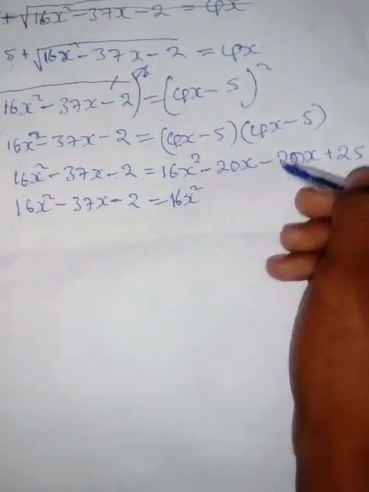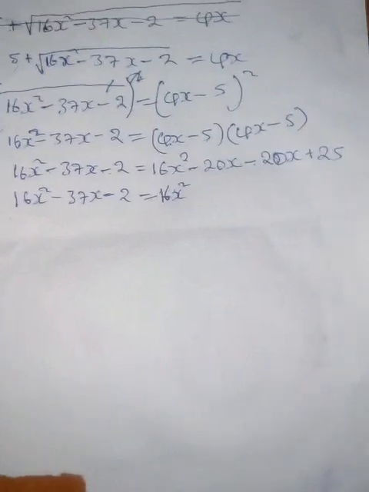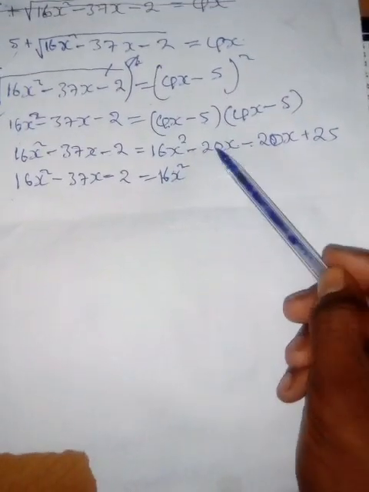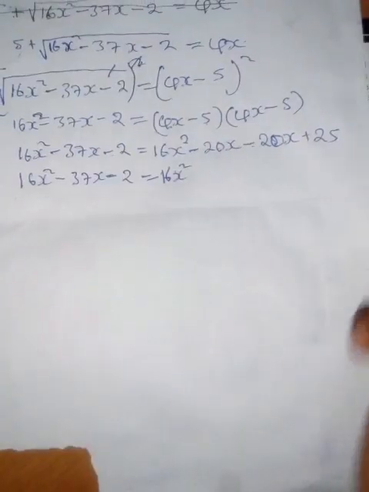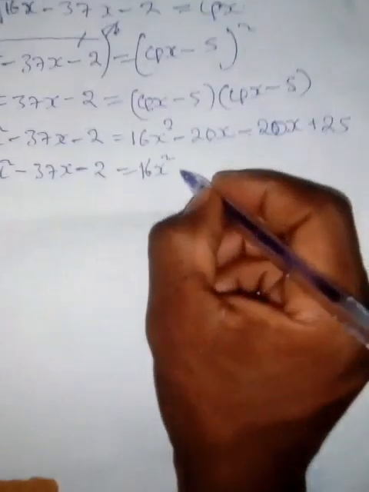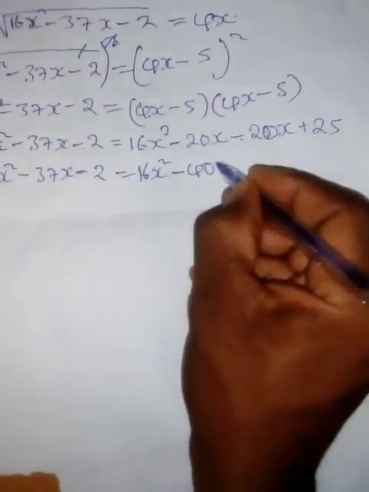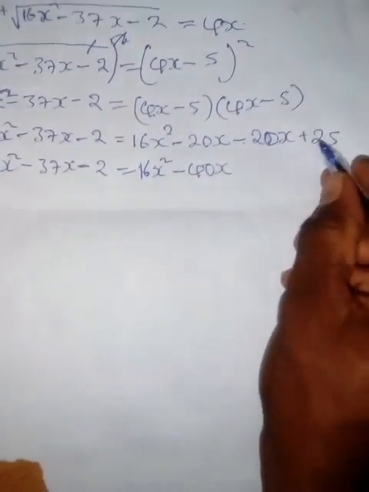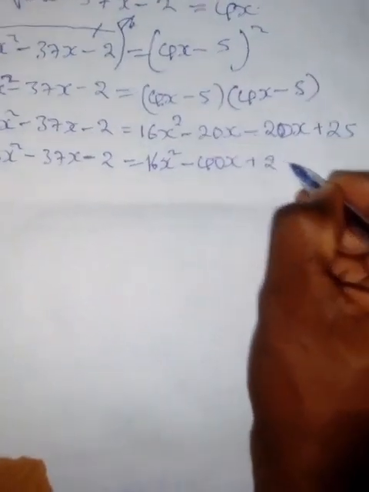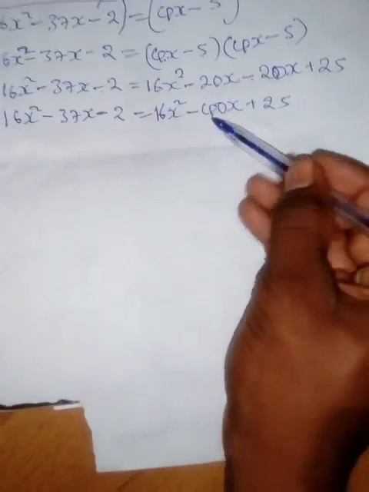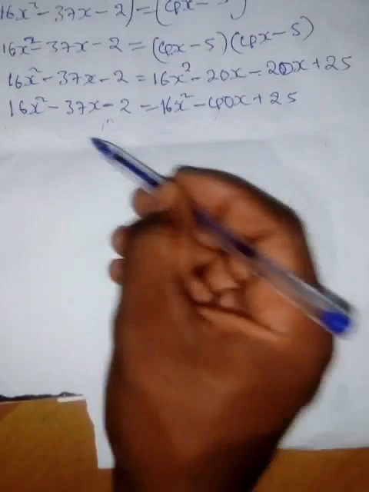Now negative 20x minus 20x, we are adding negatives, so we use the same sign, which is negative. So here we are going to have negative 40x. Then this one will come as positive 25. Now I'm gonna collect like terms. I'll bring this guy this side, or take them the other side.